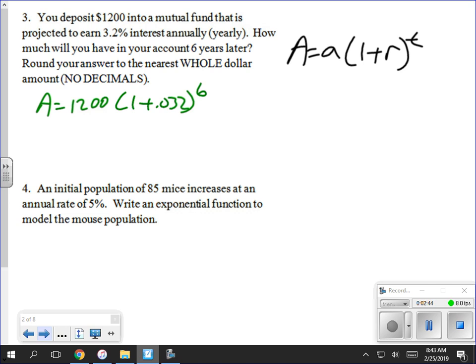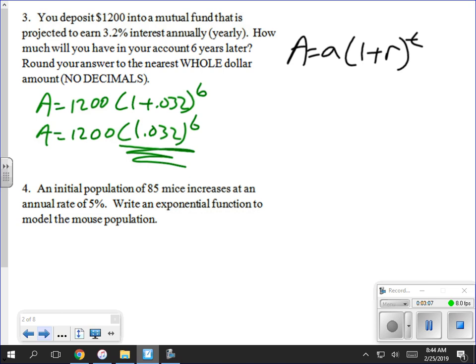Do remember order of operations. You do this part first before you multiply by 1,200. Exponents before multiplication.